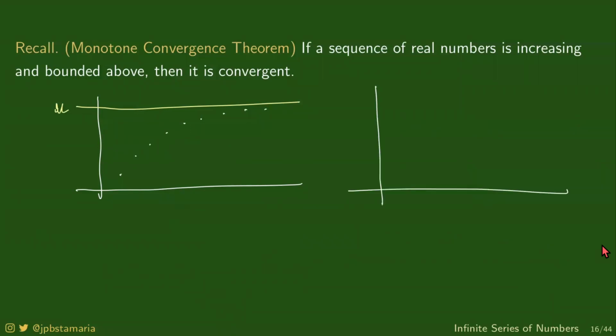Kapag naman ikaw ay nagde-decrease, pero may lower bound ka, mapipilitan ka rin mag-converge, because there is no other thing to do. Kasi bumababa ka tapos may lower bound ka. Pababa ka ng bababa tapos may lower bound ka, ay mapipilitan ka mag-converge. You call this the monotone convergence theorem or MCT.